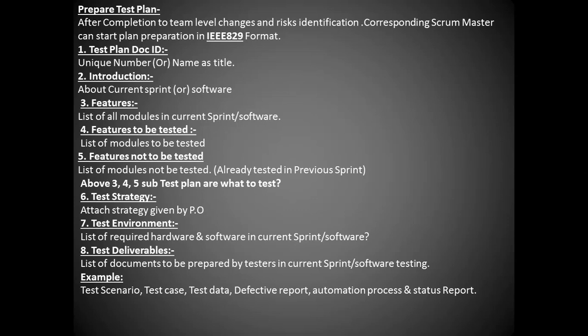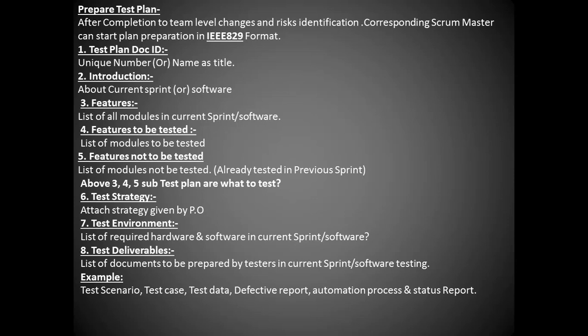Features: list of all modules in the current sprint or software. Features to be tested: list of the modules to be tested. Features not to be tested: list of the modules not to be tested, already tested in the earlier sprint or in the previous sprint. The above 3, 4, 5 will be coming under the subtest plan and what to test.